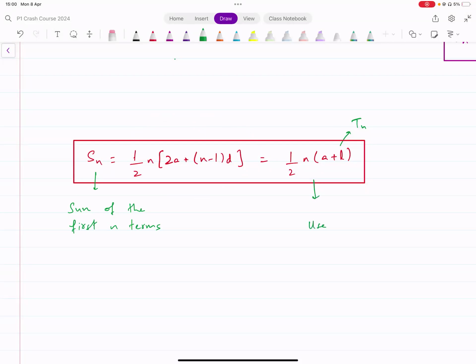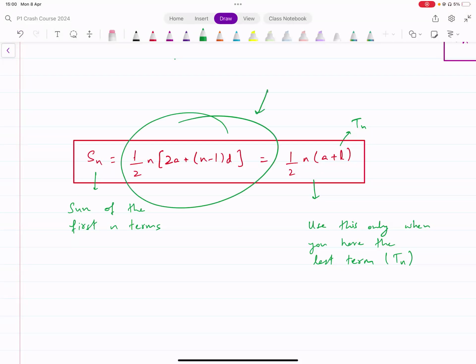So use this formula only when you have the last term given. Last term means Tn basically, the nth term. Otherwise, in most cases, you will be using the first formula, and that is something that's going to always work.